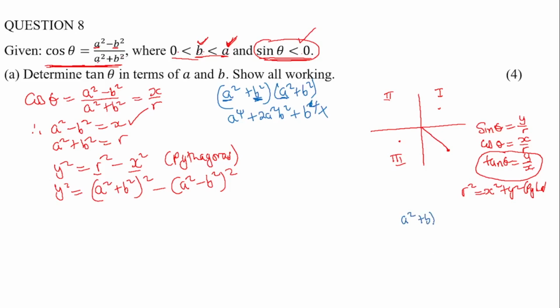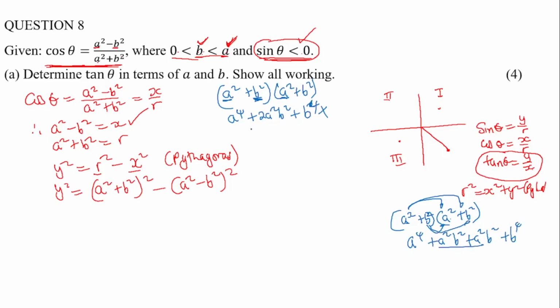But let's say you can't remember this, you can do the long way: a squared plus b squared times a squared plus b squared. A squared times a squared is a to the power 4. A squared times b squared is a squared b squared, and b squared times a squared is a squared b squared, and b squared times b squared is b to the power 4. Then you simplify.